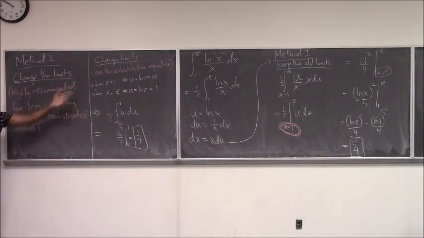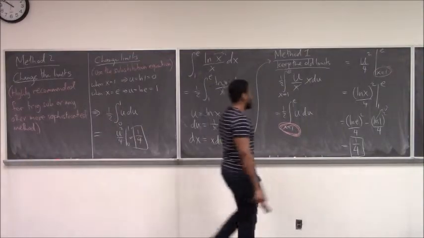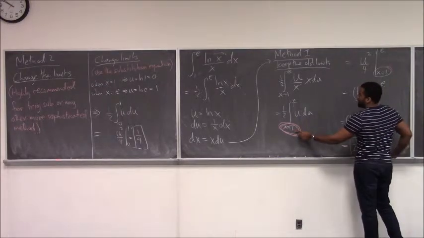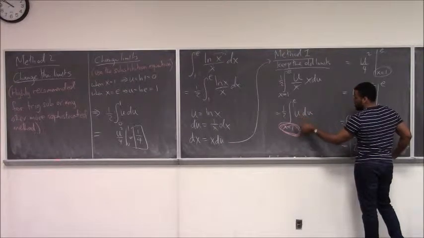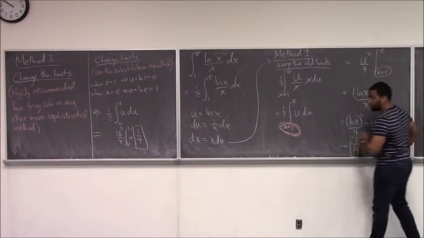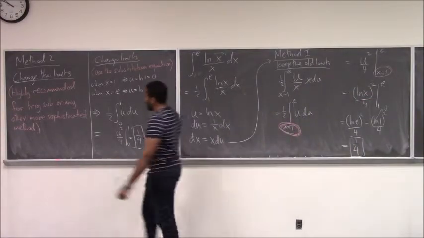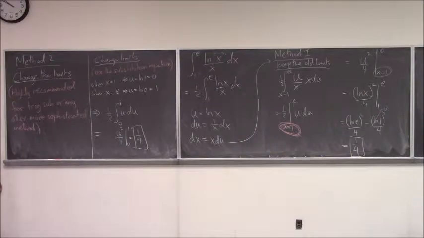But changing the limits has its advantages, especially if you're doing something like a trig setup. So you can leave the old limits or change the limits. If you leave them, a common mistake is to take these numbers and plug into the u's. You need to remember they actually correspond with the x's. So that's just another option there.